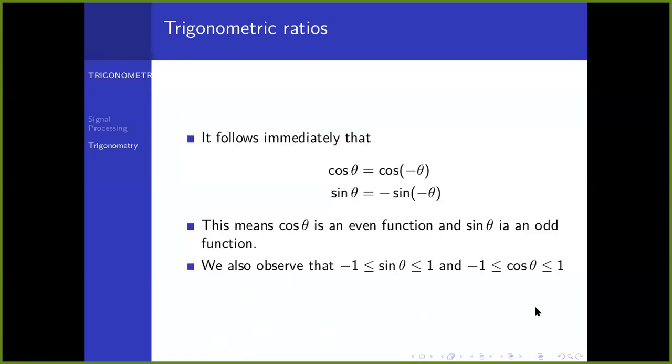So that gives us the upper and lower bounds for the sine and the cosine function. It means negative 1 will always be less than or equal to sine theta, and sine theta will be less than or equal to 1, and the same with negative 1 being less than or equal to the cosine of theta, which is less than or equal to 1.